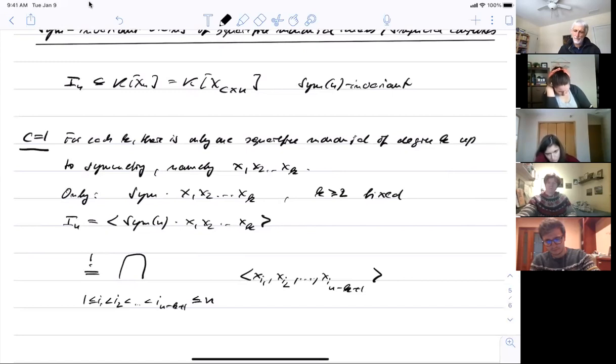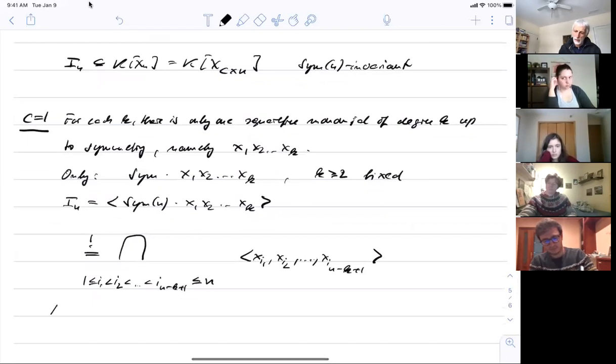Okay. So what we see, I could have said in other words, you can take any subset of n minus k plus 1 variables, take the corresponding ideal, and then take the intersection over all these ideals. That will give you the nth ideal in this sequence.